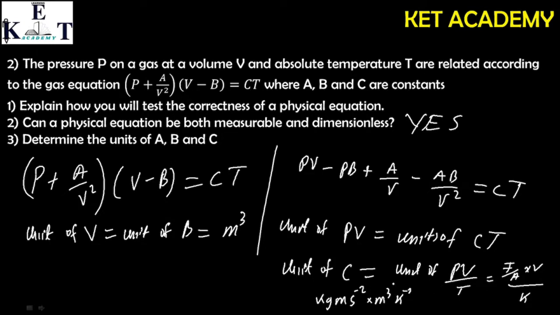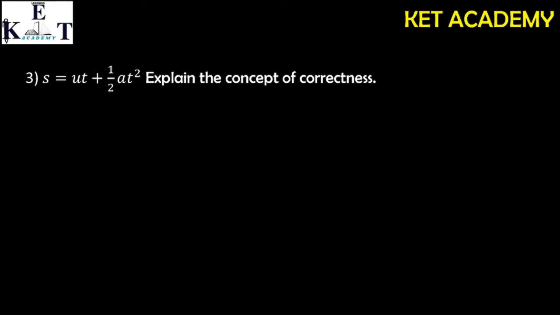We're going to now finalize. So the first thing we need to do here is, for this equation to be correct, it should be homogeneous, meaning that the units of S should be equal to the units of UT, should be equal to the units of AT squared, and this equation should also contain the correct unitless quantities or constants, because if we look at this, we can write this as S equals UT plus AT squared.